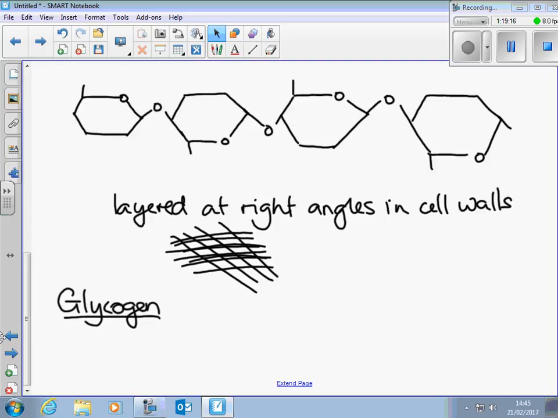Mucilage, I think, is one of those words that says exactly what sort of substance it is. Sticky, gooey on the outside of cells sometimes. The descriptions are good on the side. I'm not going to go through that. And then other food storages in certain plants that don't just store starch.